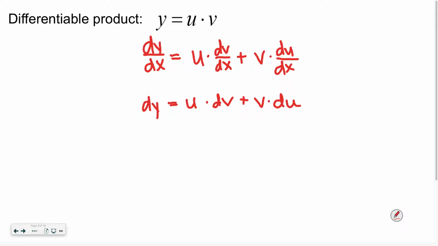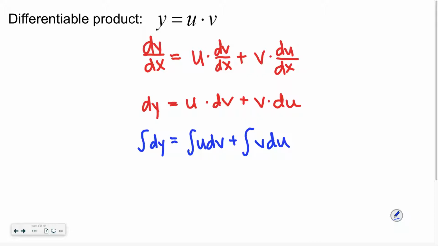Now, I want to integrate both sides. Yes, this is true.